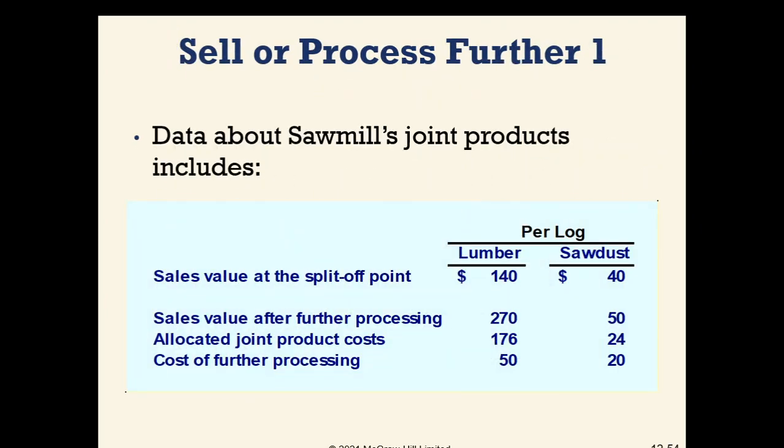Our data about Sawmill's joint products include the sales value at the split off point is $140 per log for the lumber and $40 for the sawdust. The sales after processing further amount to $270 per log for lumber and $50 for sawdust. Allocated joint product costs are $176 and $24, and the cost of processing further are $50 and $20 respectively.